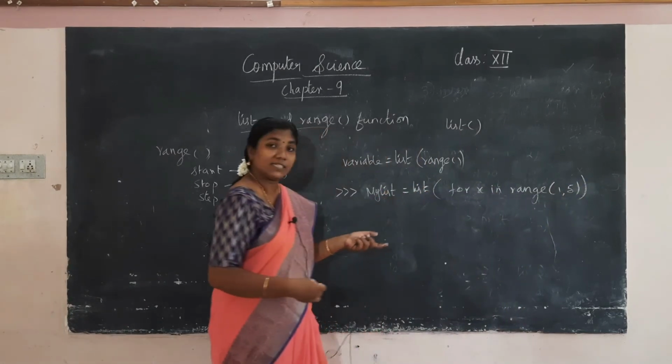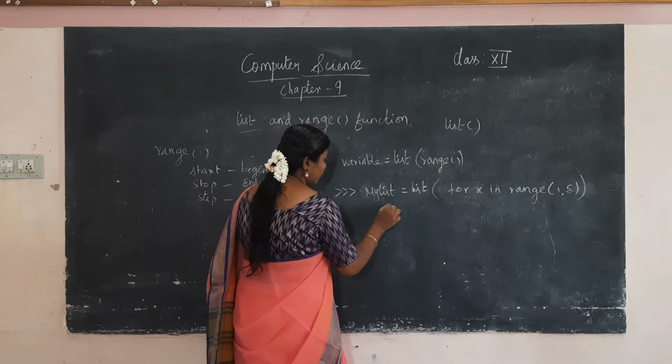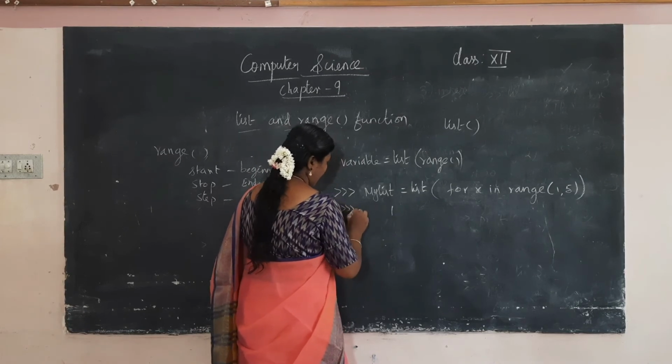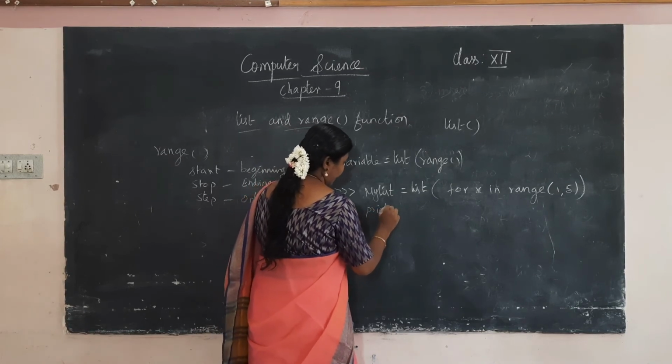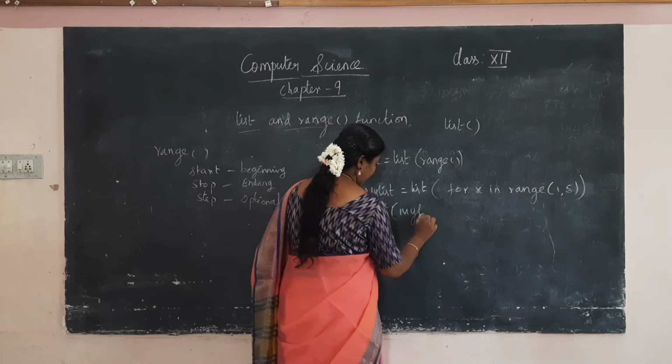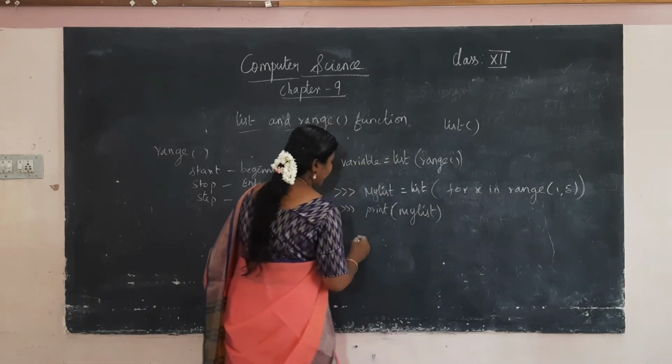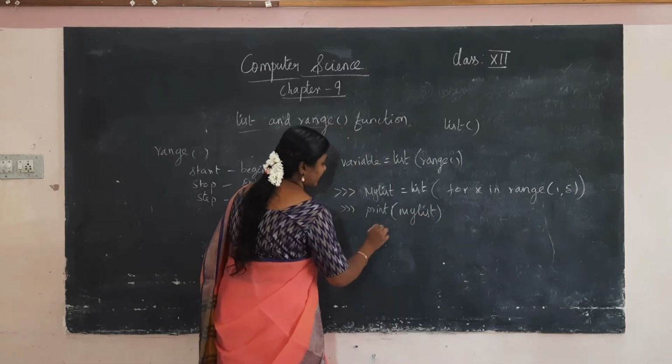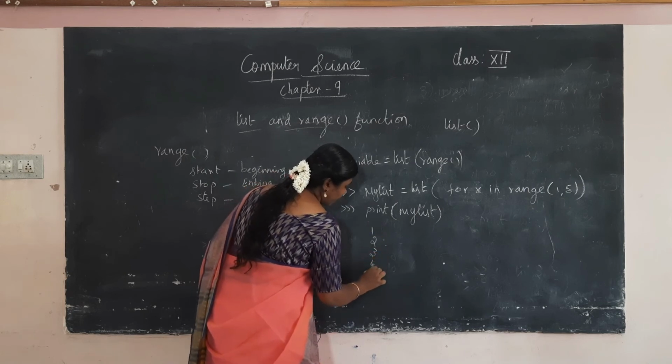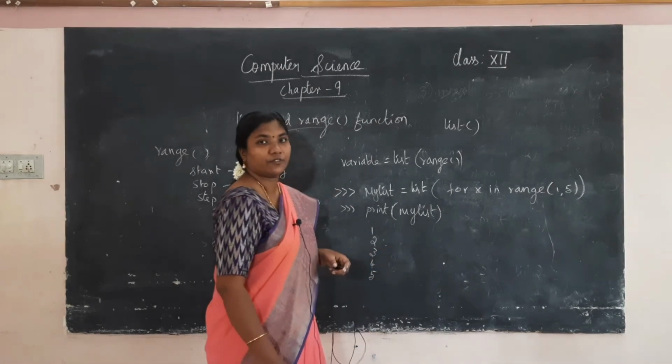Suppose I am having this, and then if I ask to print my list, then what will be my output? I will be having 1, 2, 3, 4 and 5.